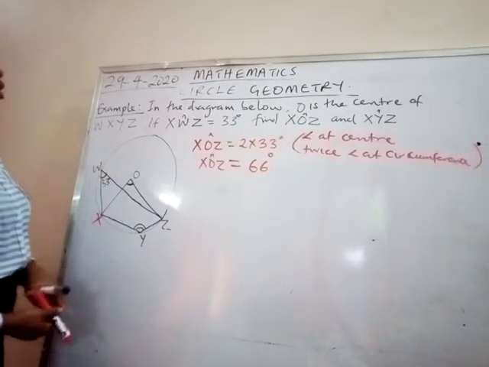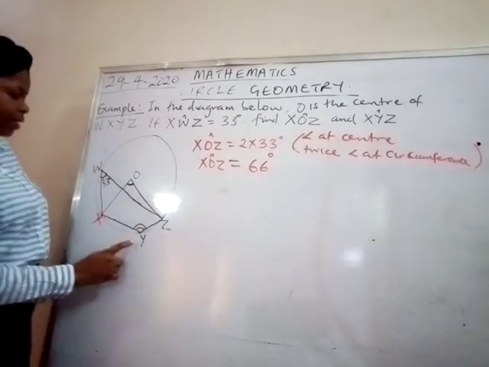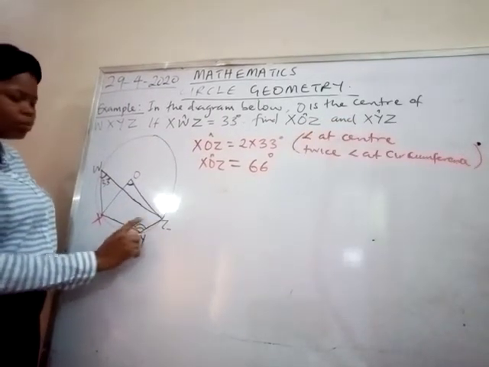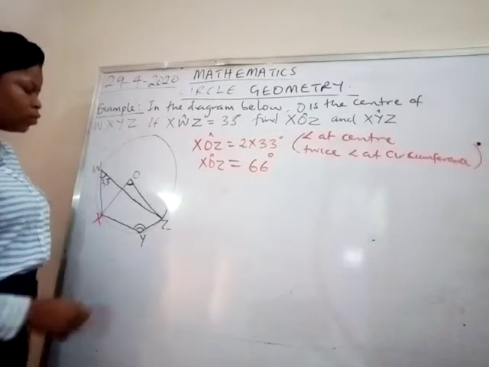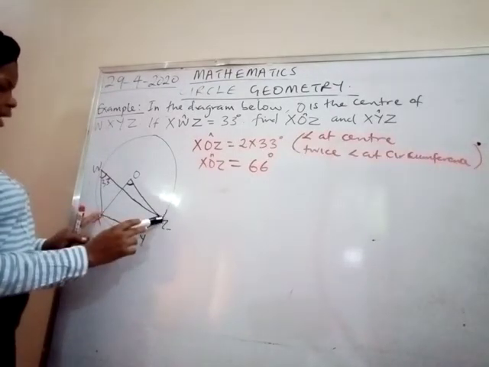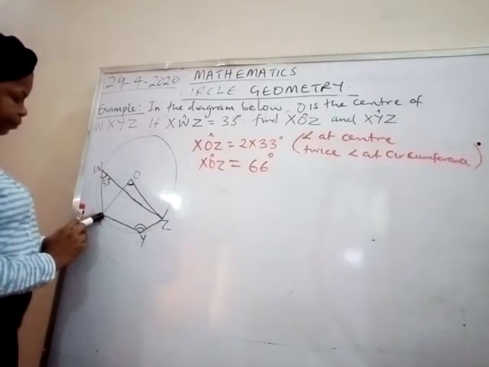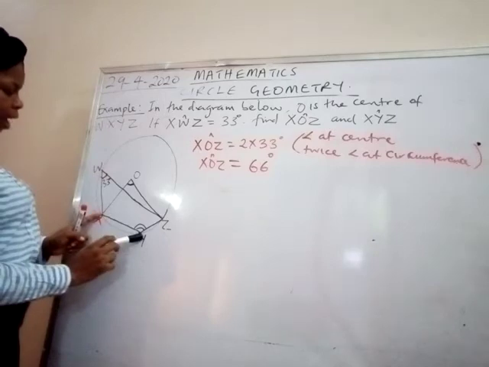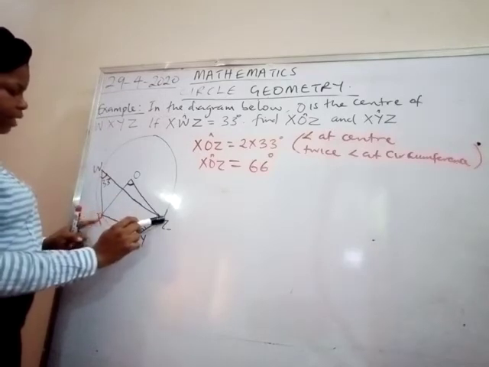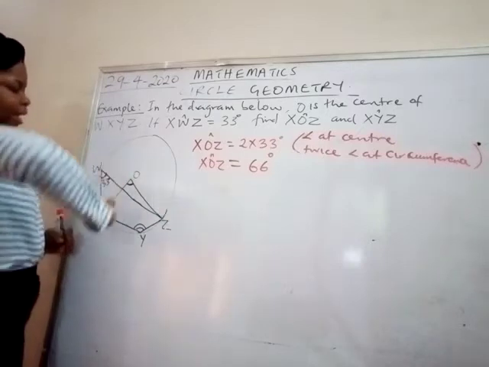Now, if you look at the second one, we have to find what? XYZ, the angle at Y here. To get the angle at Y, we need to know where it's coming from. There is a straight line from this X to Y, and a straight line from this Z to Y. And that angle is subtending this big arc here.